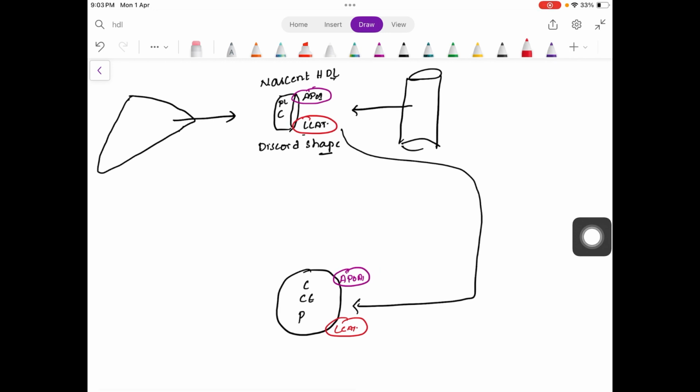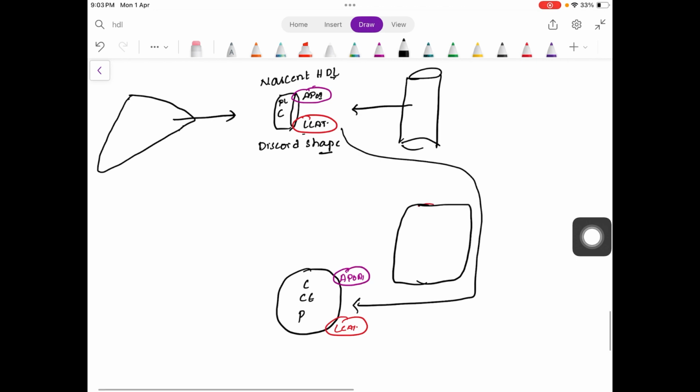Now here is the peripheral tissue, and this peripheral tissue will have ABCA1, SRB1, and one more is ABCG1.